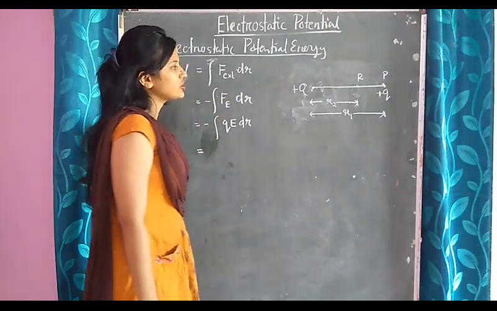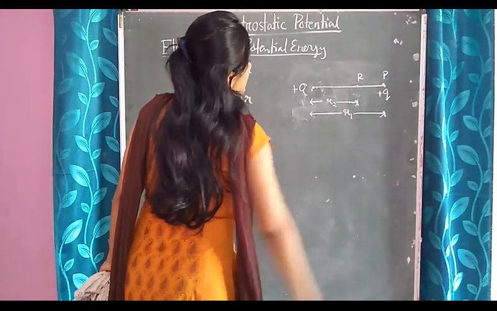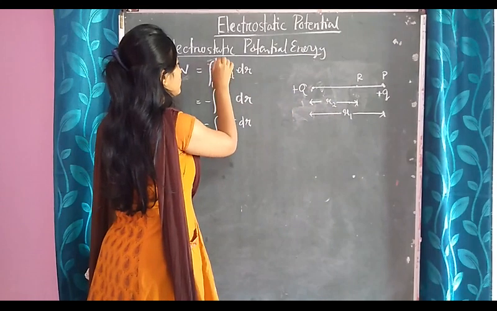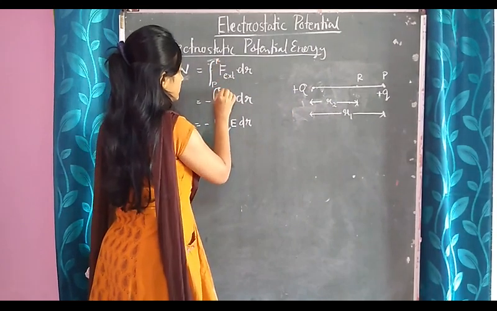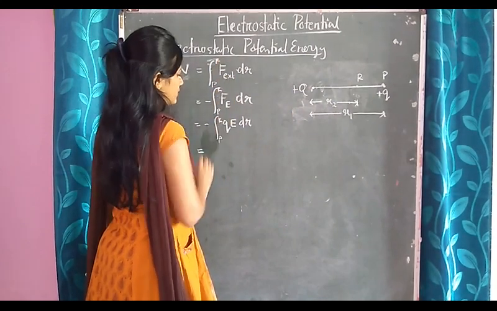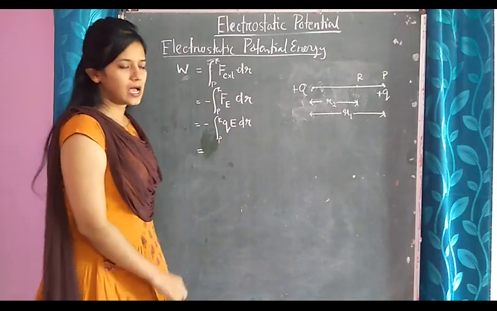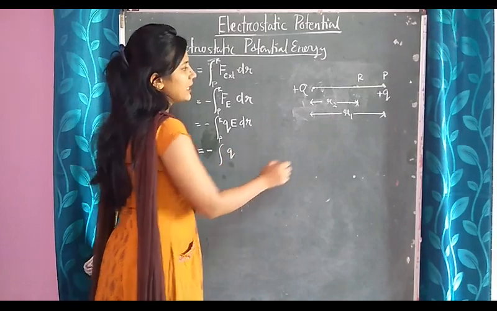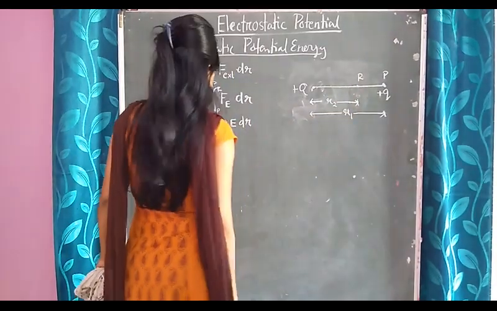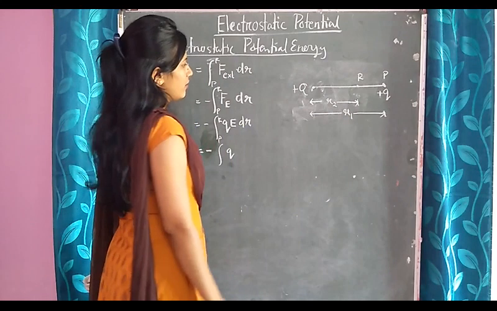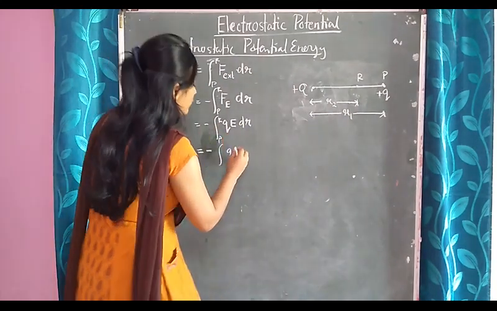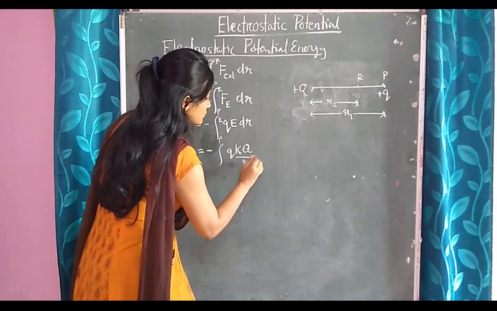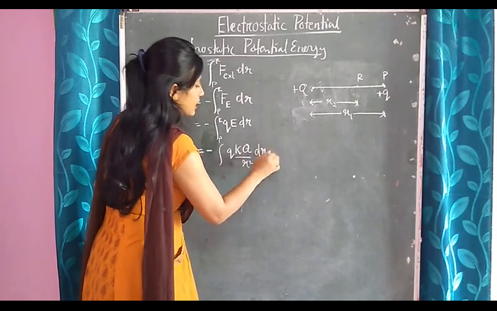We are bringing the charged particle from P to R, so from P to R of q E dr. In place of E, what is the electric field at this point? The electric field will be, according to the formula, K Q by r squared, dr.